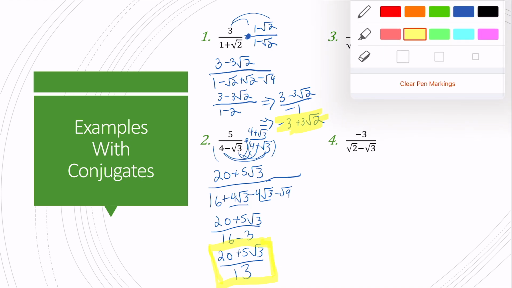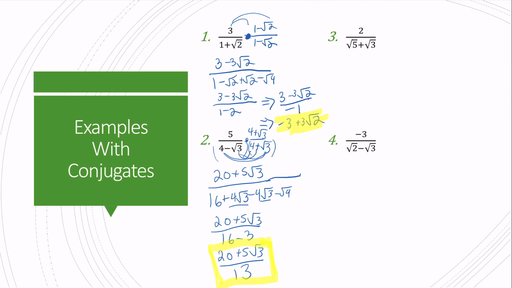In example 3, things are a little bit different because I have not one but two radicals. Fear not, we're still just going to multiply by the conjugate. That gives me 2 root 5 minus 2 root 3 in my numerator.